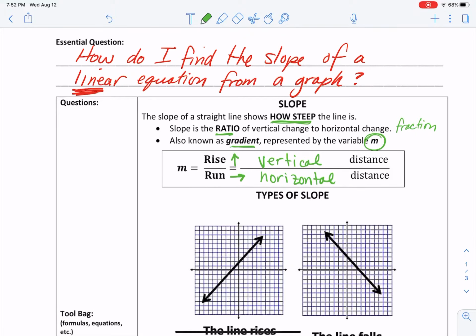And that's how we measure how steep a line is versus the change in those two things. Sometimes you will see it as delta y over delta x because the y coordinates are vertical and the x coordinates are horizontal. This triangle, I called it a delta, means change or difference.